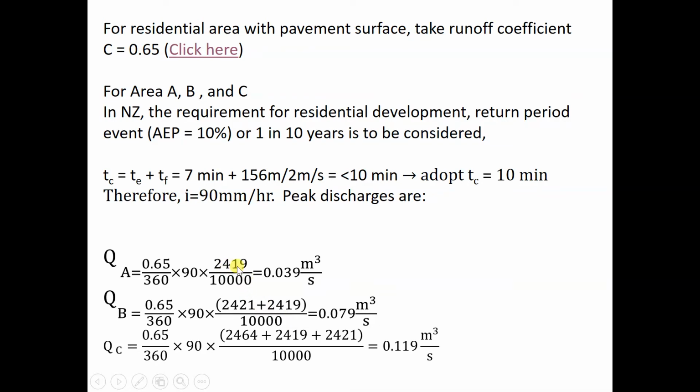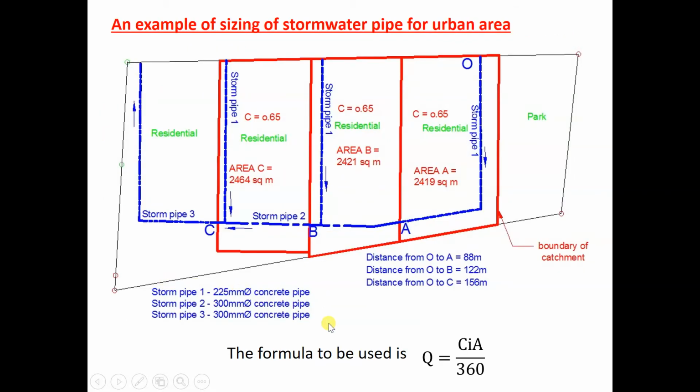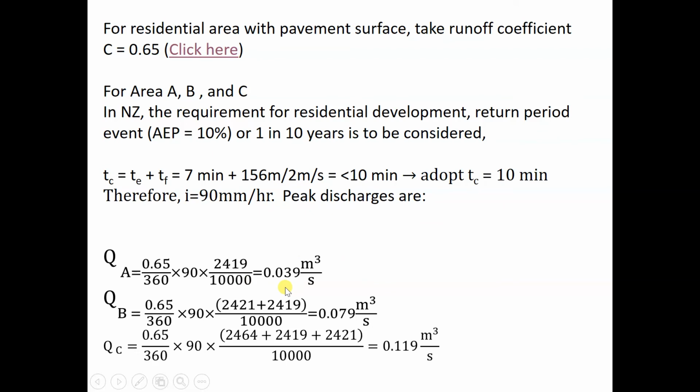So this 2419 meters square, to convert to hectares, you have to divide by 10,000. And then this one is just a formula, 360 at the bottom. That gave us actually quite a small value, which is 0.039 meters cube per second.